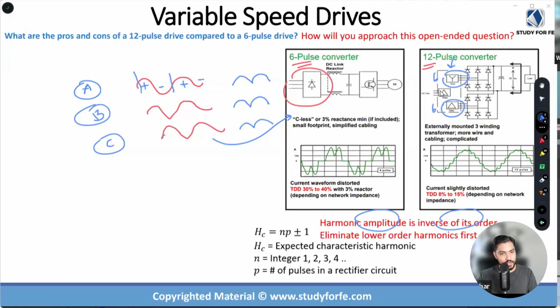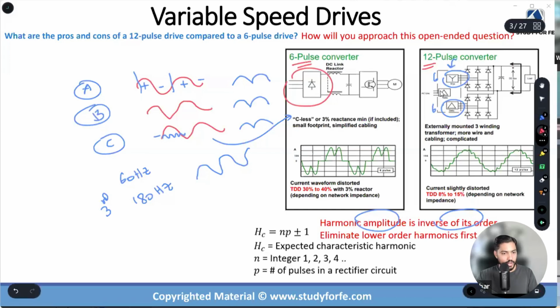Let's say if this contains multiple harmonics, right? The height is basically the amplitude. Now, what I'm saying over here is that the fundamental is 60 hertz, right? So if I have a third order harmonic, which is 180 hertz, let me just quickly sketch this. Let's say this is the amplitude of a third order harmonic.